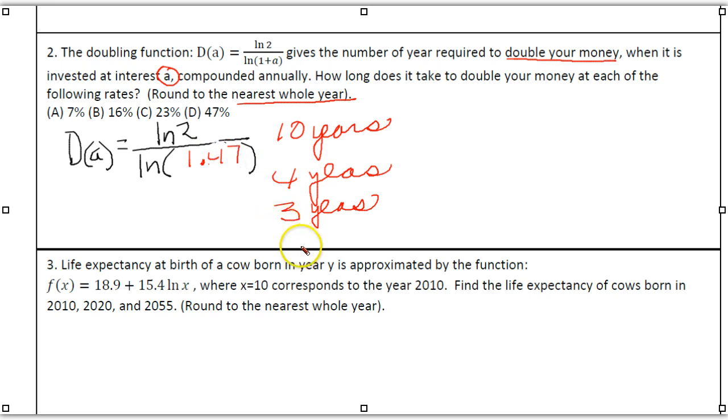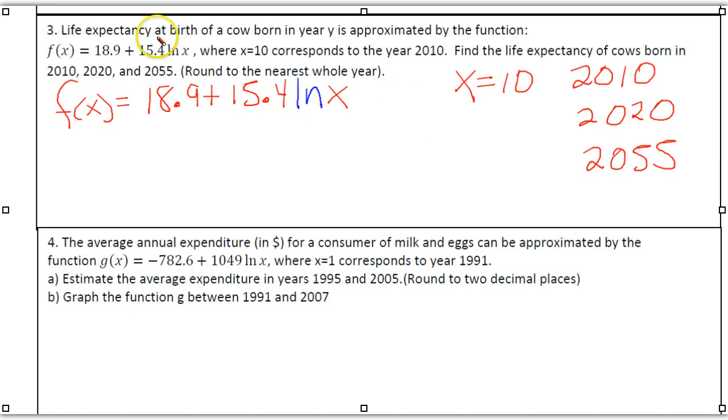The doubling time is 2 years, rounding it off to the nearest whole year. And of course you should verify this by putting this information into your calculator to be sure you're getting these answers.